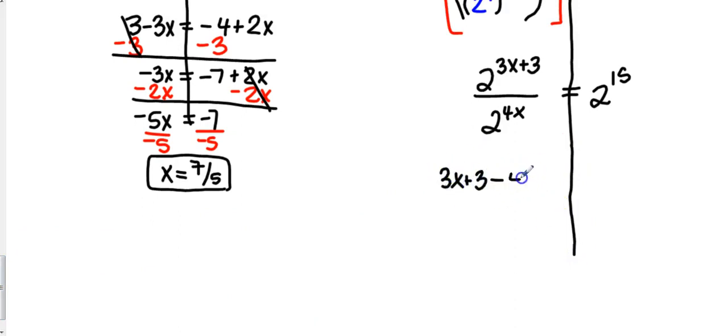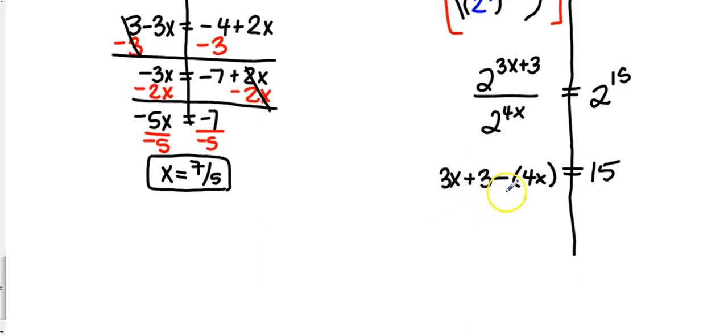So (3x plus 3) minus (4x). If this had had anything else, by the way, I would have made sure I used parentheses. So just for good habit, I'm going to throw them in there. That has to equal 15. And from here, I can just use my algebra skills.